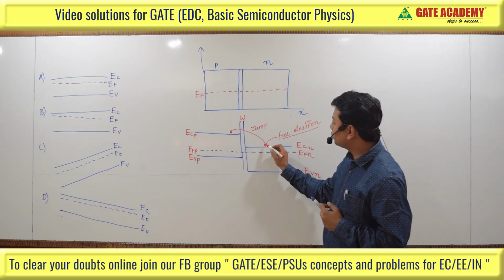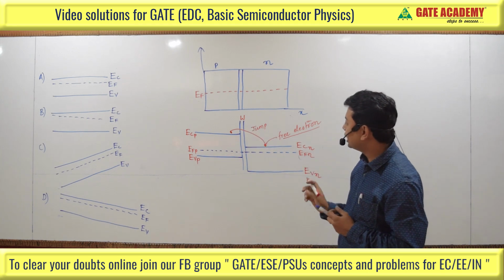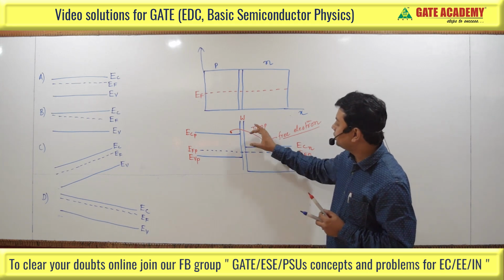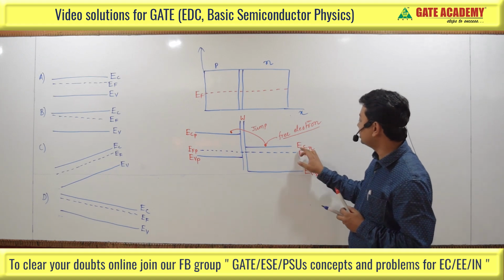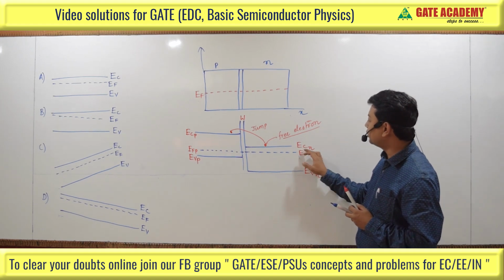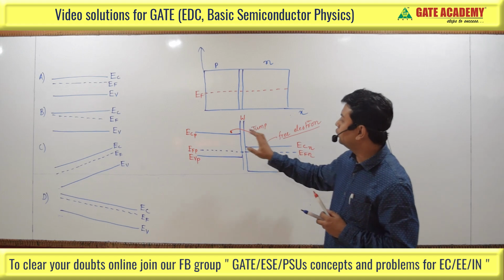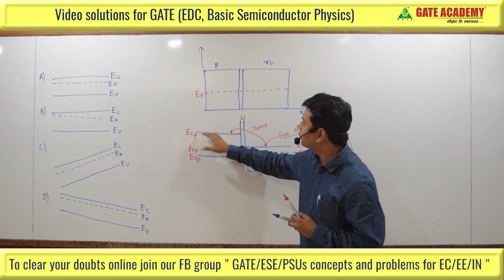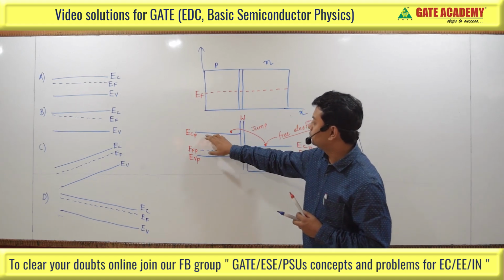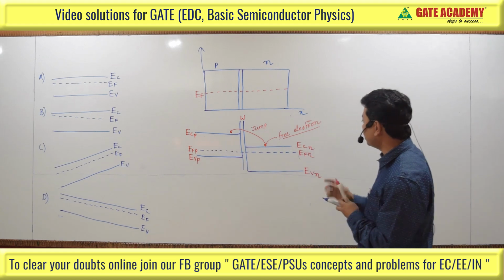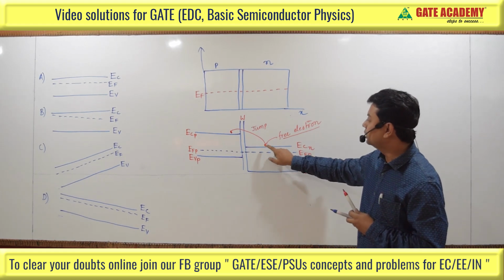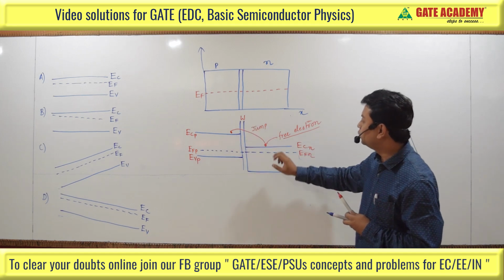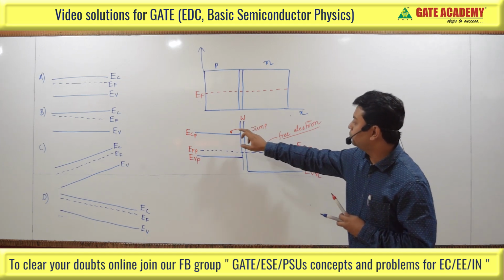When the electron jumps from this side to this side, it has to cross the difference in energy level, which is the difference between the lowest energy level of the conduction band on the N side and the lowest energy level of the conduction band on the P side. So we have to take the difference. That means this electron must have this much energy to cross from the N side to the P side.